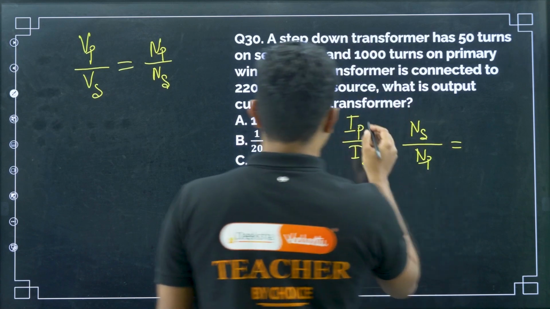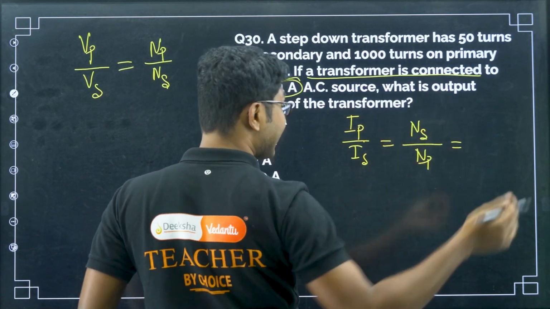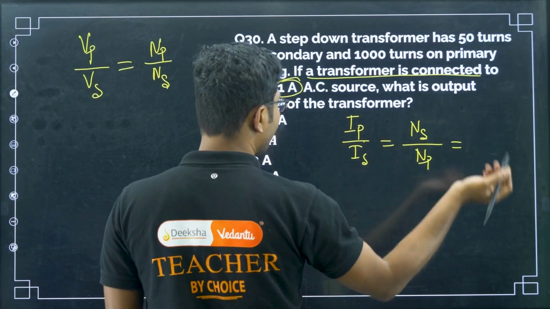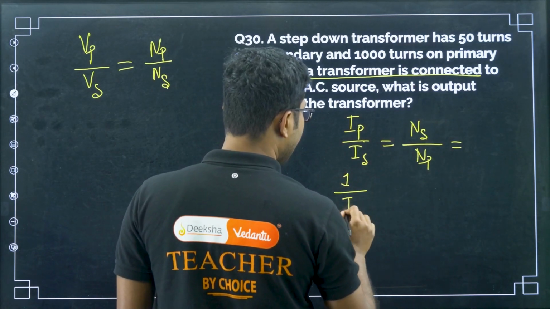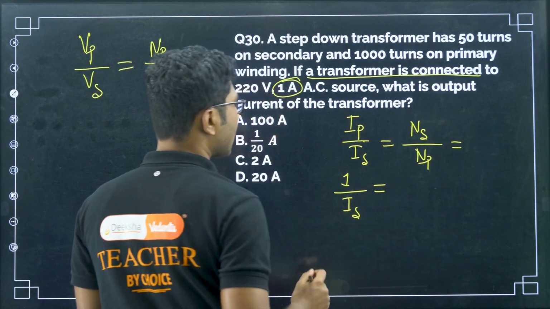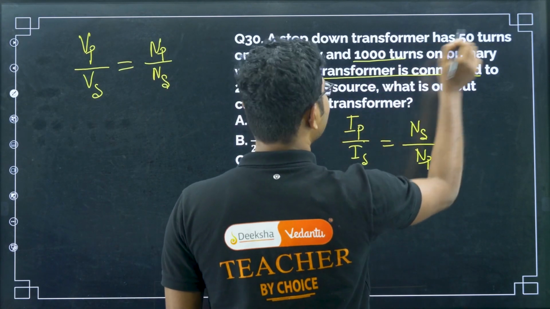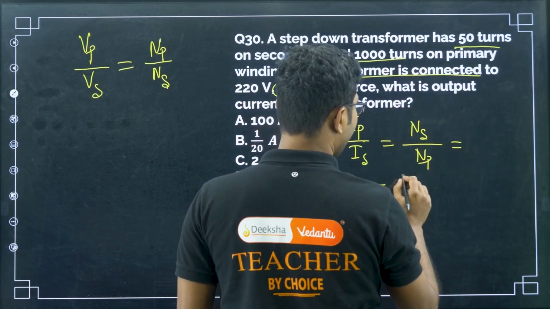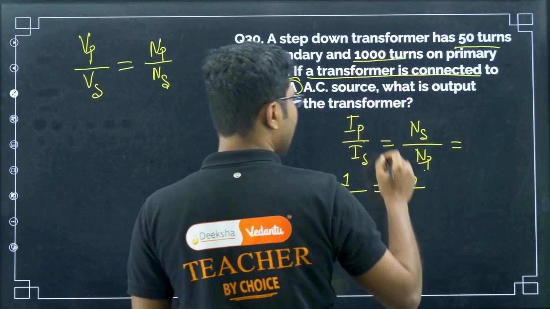IP, the primary current, is 1 ampere, since it is connected to the input. So 1 ampere is the primary current, and IS, the output current, is what we are trying to find, right. NS is the turns in the secondary, 50, and NP is the turns on the primary, that is 1000.